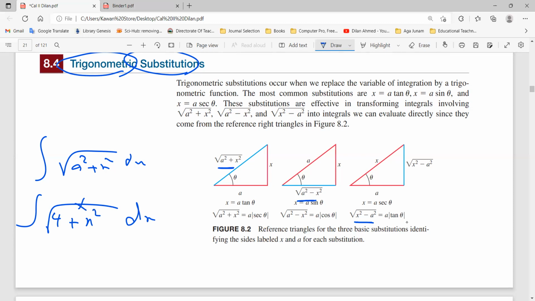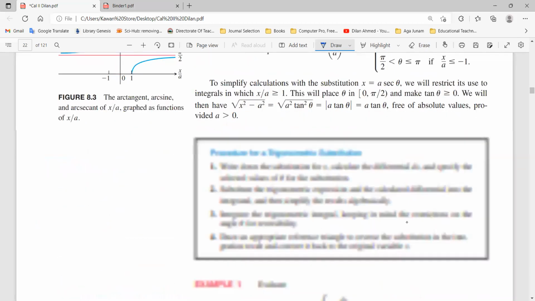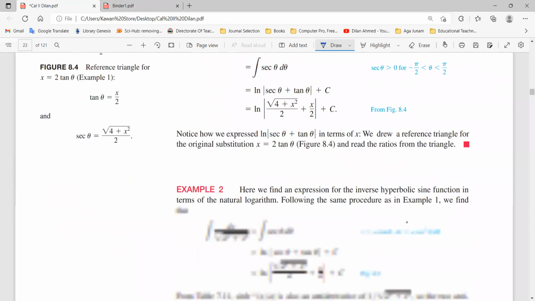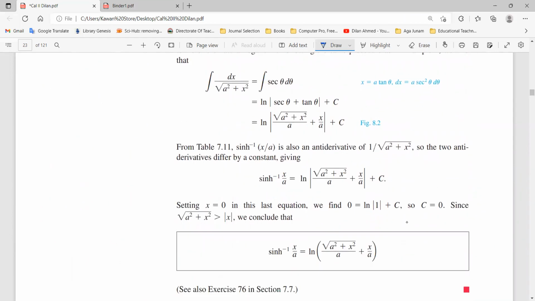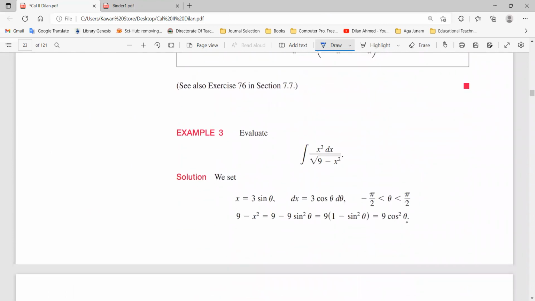You look at the examples before I solve anything. Look at the examples. Look at here. And look at that example again. Second example. Look at that example.